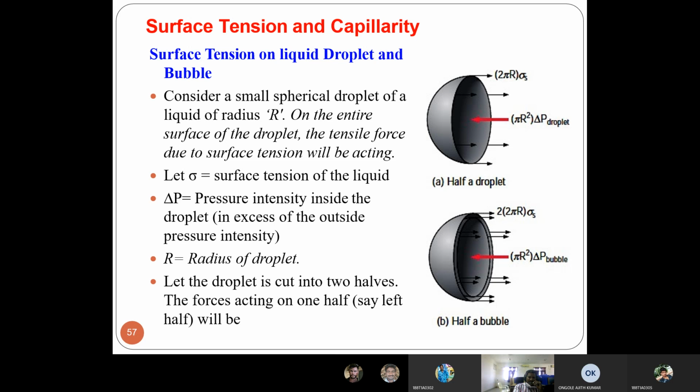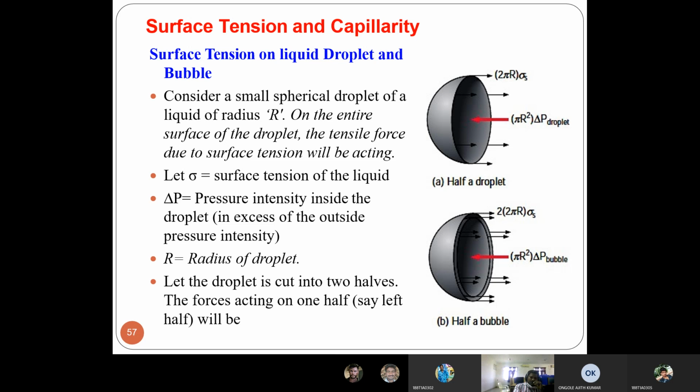That means at the circumference tensile force is acting, but here the tensile force is acting at the inside and also at the outside. Pressure force is acting from outside. Being hollow, an inside circumference is there and an outside circumference is there. If r is the radius, the inside circumferential length is 2 pi r and the outside circumferential length is 2 pi r.